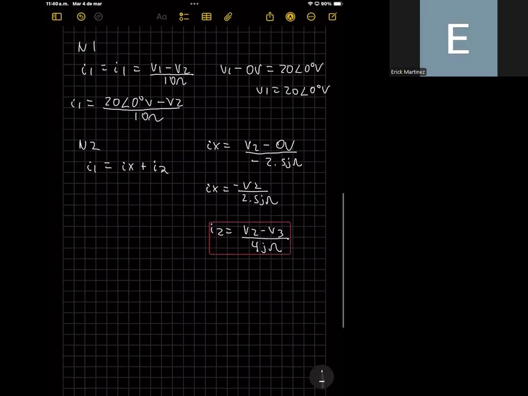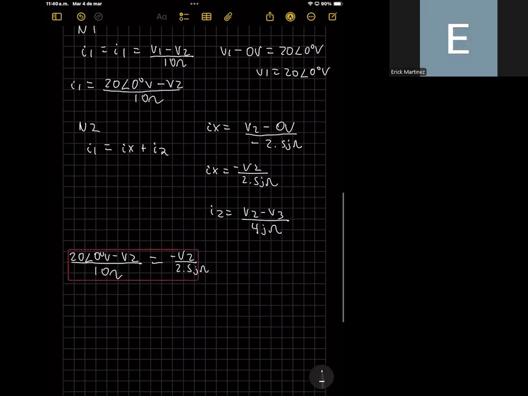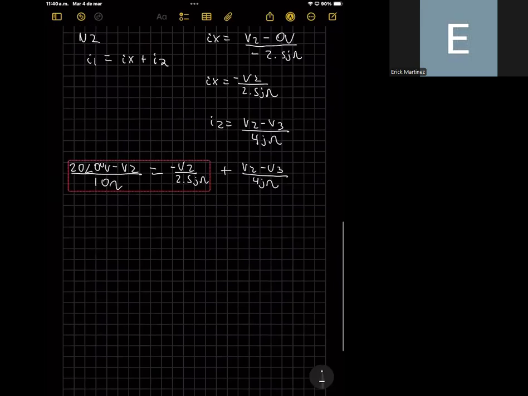So we know that I1 is equal to 20 with an angle of 0 degrees volts minus V2, all divided by 10 ohms. And this should be equal to Ix, but we know that Ix is equal to V2 divided by minus 2.5 J ohms, plus I2. But I2 is equal to this term, that is V2 minus V3 divided by 4 J ohms.